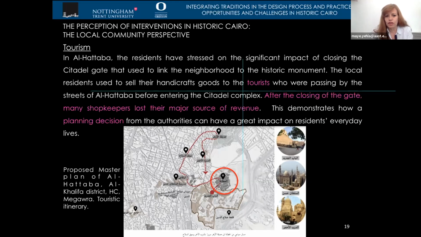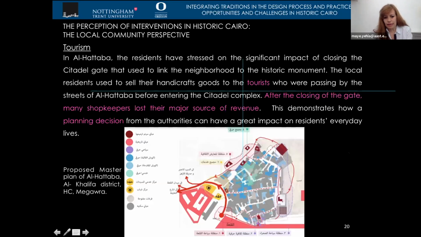After the closing of the gate, many shopkeepers lost their major source of revenue, and this demonstrates how a planning decision from the authorities can have a great impact on residents' everyday life.